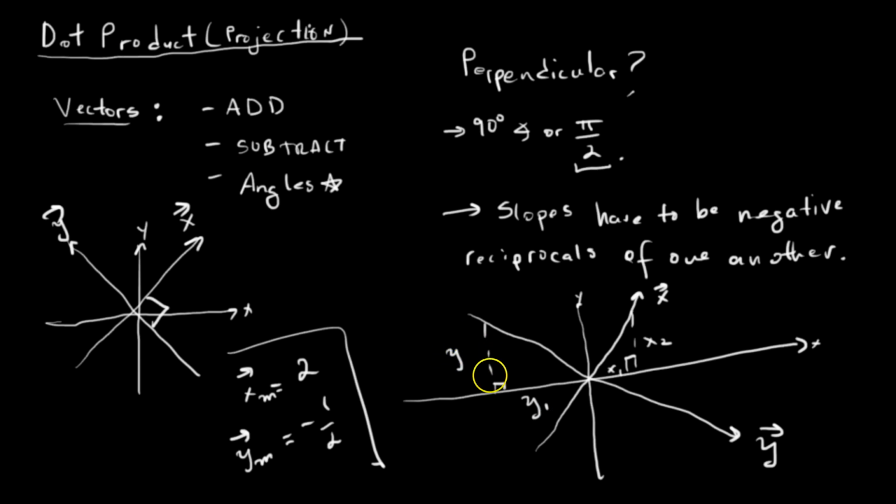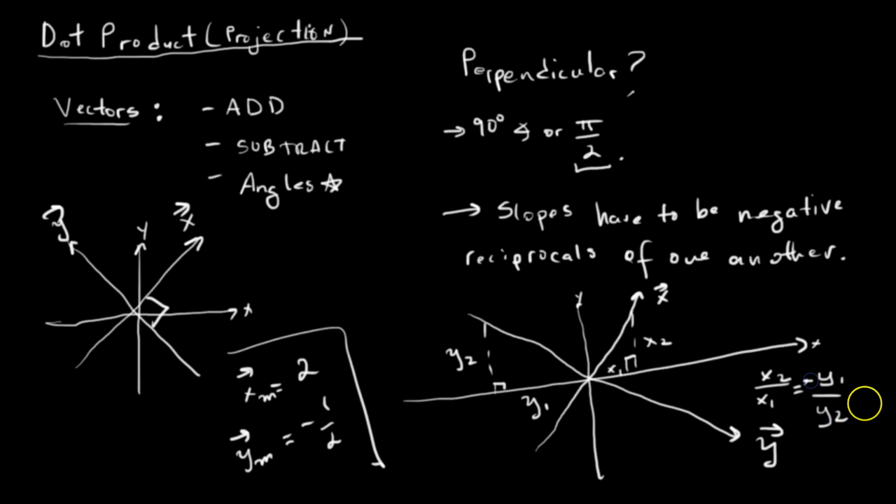So what can we say the relationship between x1, x2, y1, y2 is? Well, we just figured out they're negative reciprocals of each other. So x2 over x1, this is the slope, the rise over run, right? So what's the negative reciprocal of this? Instead of y2, we put the reciprocal, which is y1, over y2, but it's going to be negative reciprocal.